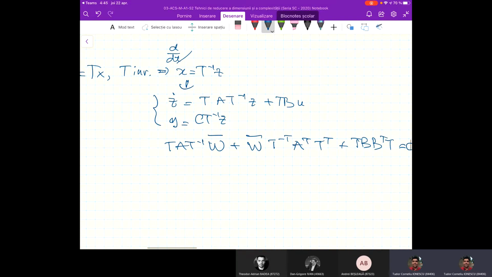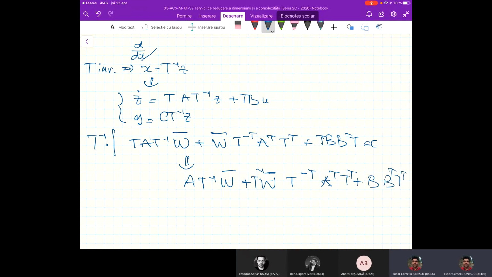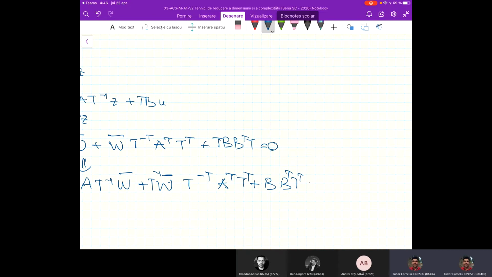All right. So the T here can go away and become T inverse: you multiply this with T inverse to the left. So you have A T inverse W bar plus T inverse W bar T minus transposed A transposed T transposed plus B B transposed T transposed equals 0.